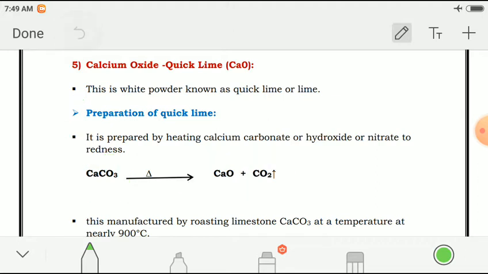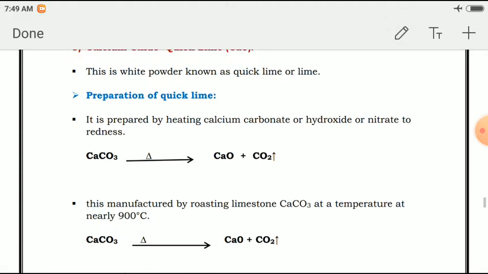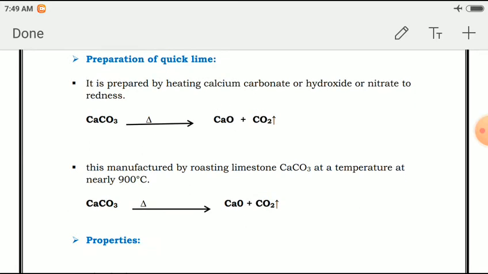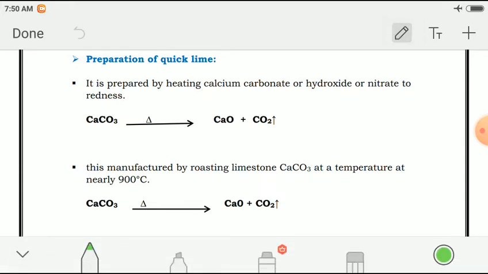Now the second process. It is manufactured by roasting limestone, that is calcium carbonate, at a temperature of nearly 900 degrees Celsius.